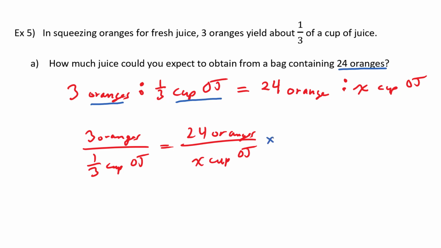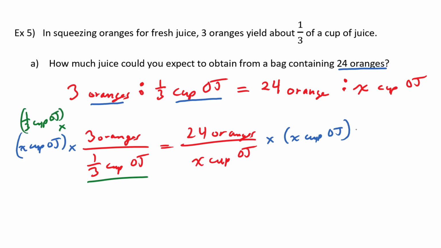So what I will do is multiply both sides by X cups of orange juice to get rid of that. Let's see what we have on the bottom over here. Over here we have 1/3 of a cup of orange juice. Let's move that to the other side. By doing that, I will multiply both sides by 1/3 of a cup of orange juice.